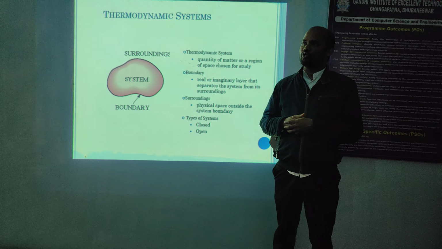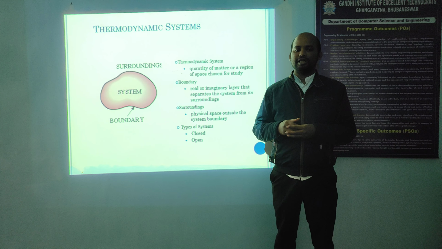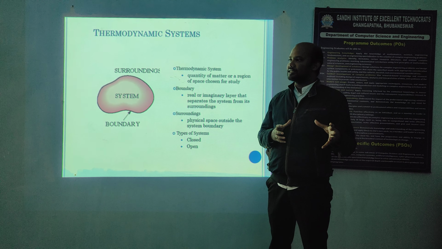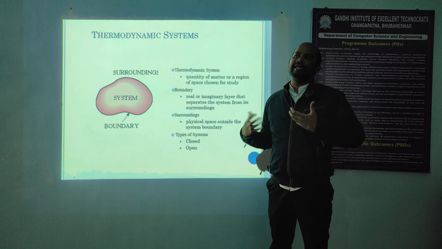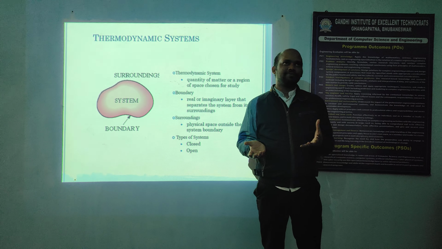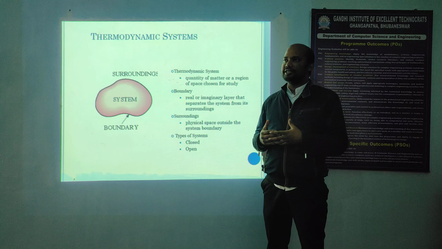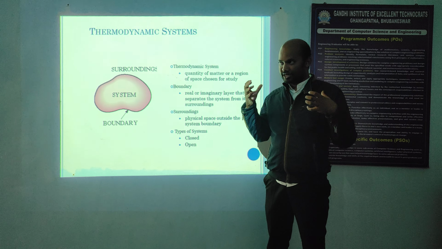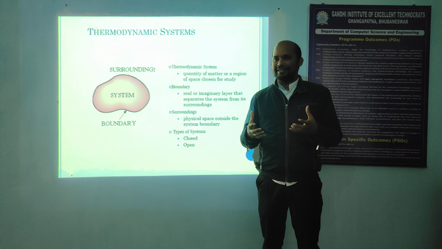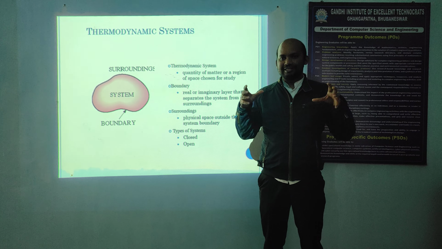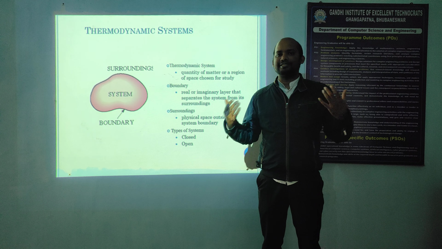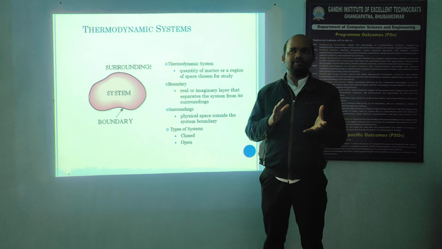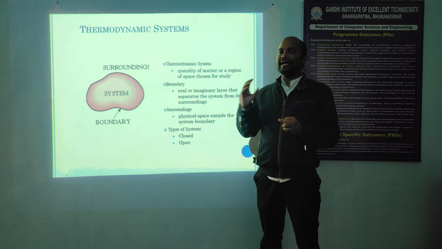Next one is closed system. What is a closed system? In a closed system, the mass cannot transfer but only energy can transfer. If I take the example of a cold drinks bottle from the refrigerator and keep it outside, you will see that the cold drink inside the bottle, after some time, will change its temperature, but the 200 ml cold drink will be the same 200 ml because only energy is transferred.